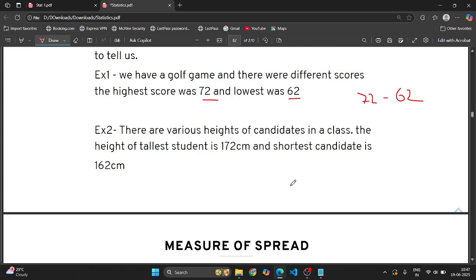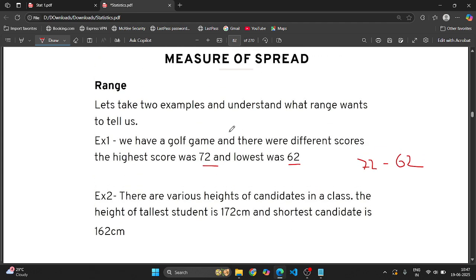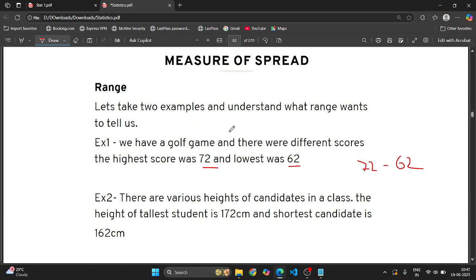Okay. There are the various heights of the candidates in the class. The height of the tallest student is 172 centimeters and the shortest candidate is 162.